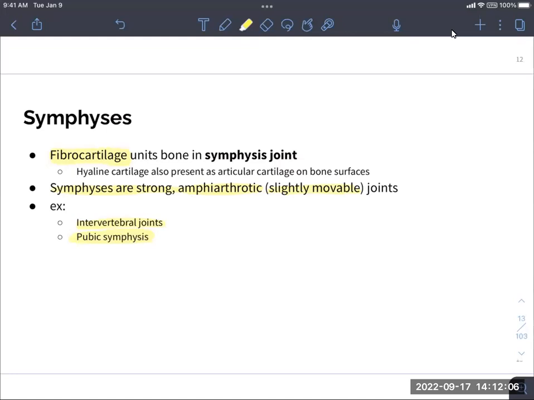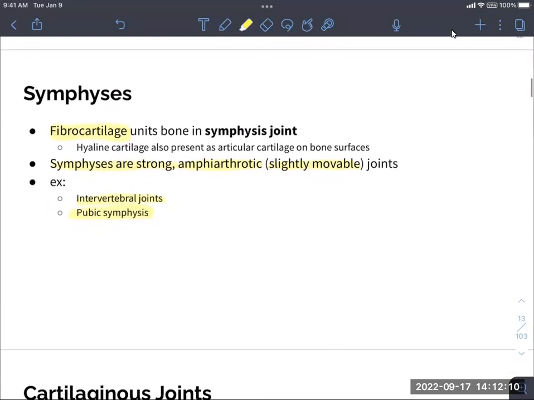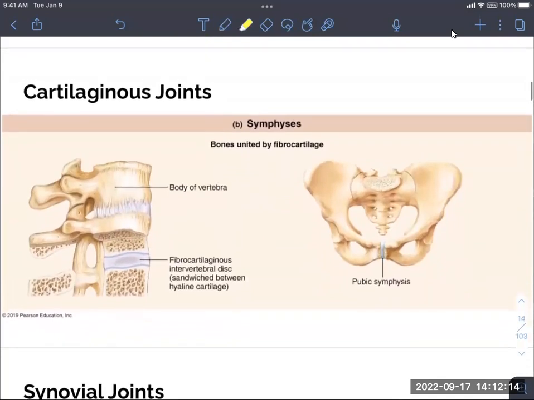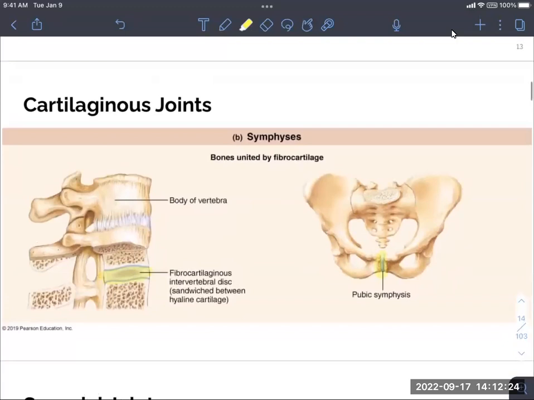So symphysis joints are slightly movable, but they still hold everything together really well. Like the fibrocartilage here in this intervertebral disc, or this pubic symphysis. Those are both symphysis types of joints.